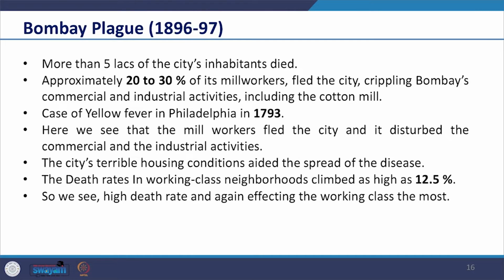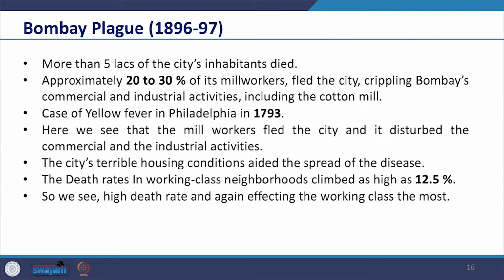More than 5 lakhs of the city's inhabitants, including approximately 20 to 30% of its mill workers, fled the city, crippling Bombay's commercial and industrial activities, including the cotton mills.